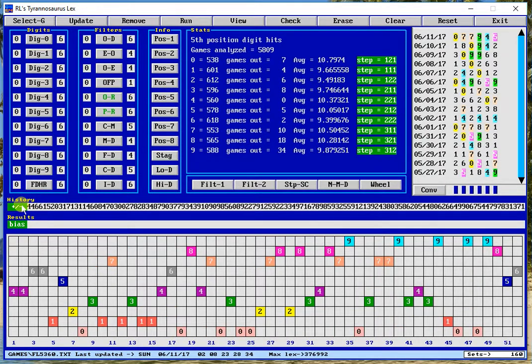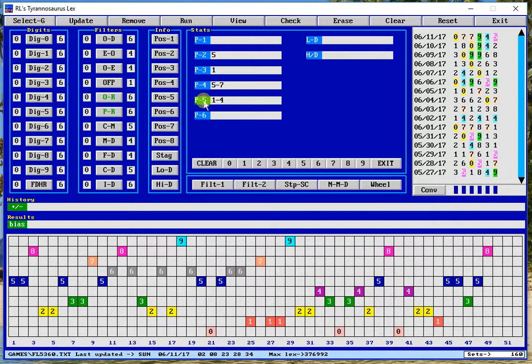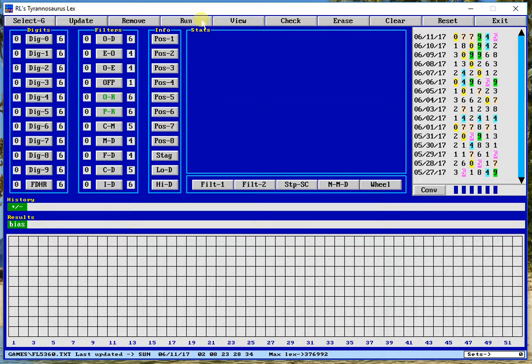So if I click the 44 and then go over here and look at the 5, it's because it's hit 2 times in a row, but it's the lowest average number. So a good bet would probably be to add a 5 in that particular spot. So in that case, whenever I run that, it gives me 240 numbers, and I can probably reduce that down to 15 or 20 numbers by doing a filter.